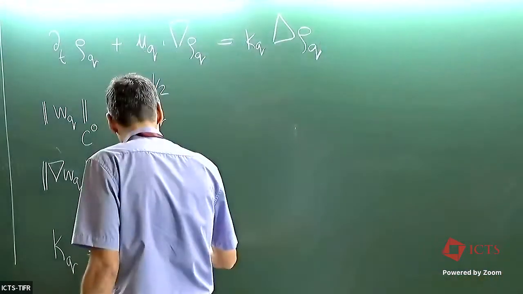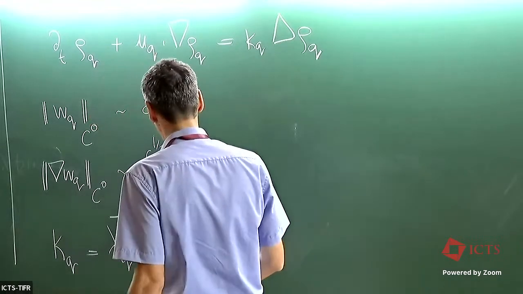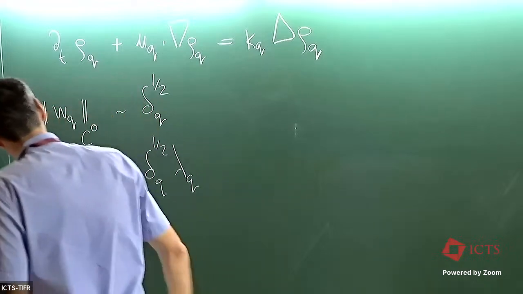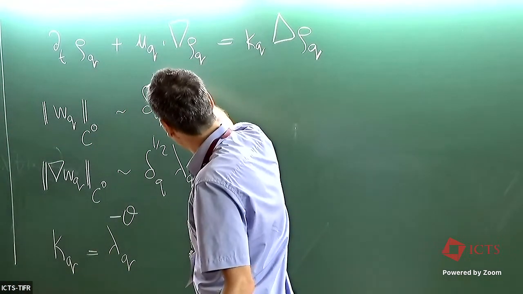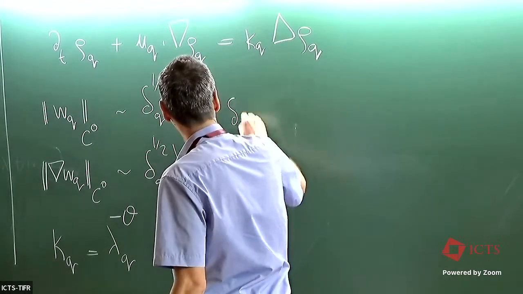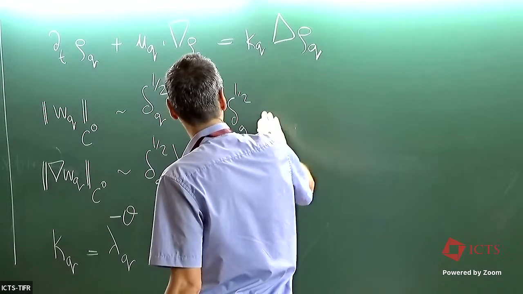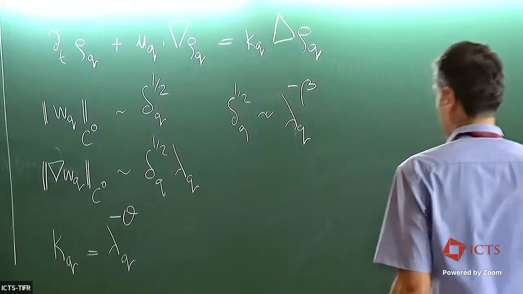And this one is given rather explicitly. Okay, maybe I don't say what it is now. It's something determined from the way these are related, and the main relation here is that this is essentially lambda q to the minus beta.